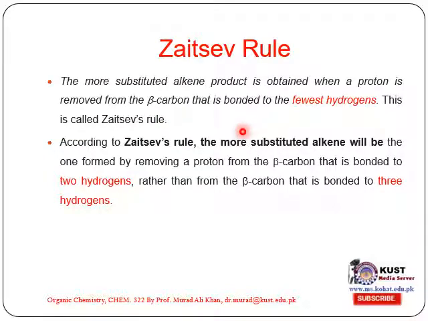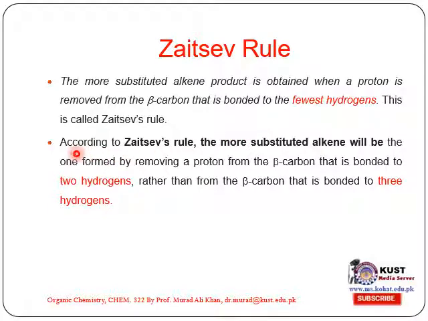If there is availability of a proton on a carbon with a lesser number of hydrogens attached, that product will be more stable, and will be in more quantity as compared to the other one.